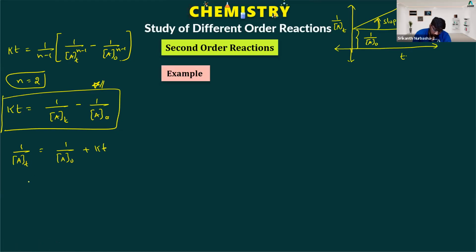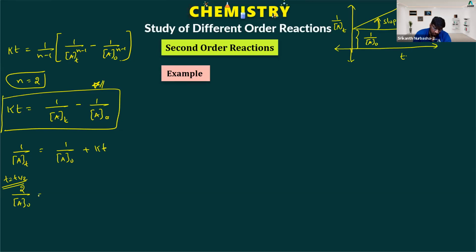And what about t half? At time t is equal to t half, what happens? The concentration of A at time t is equal to concentration of A at time t equal to 0 by 2.